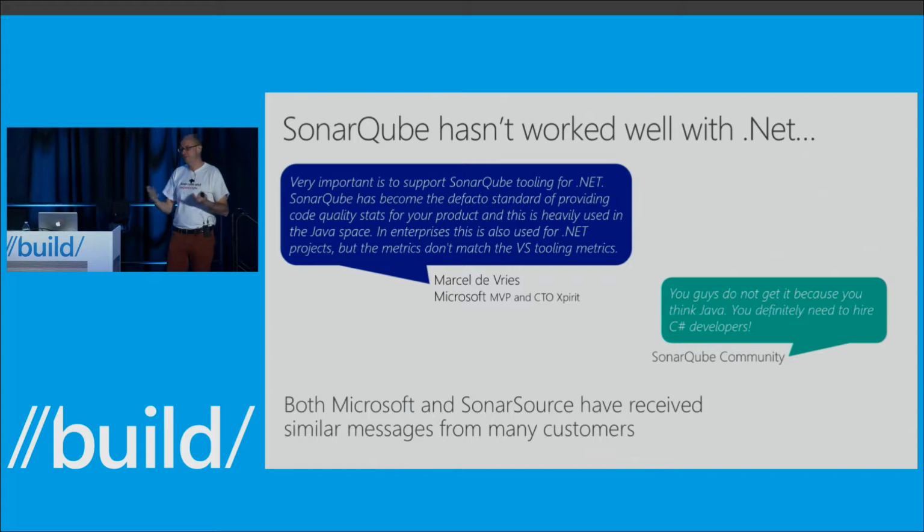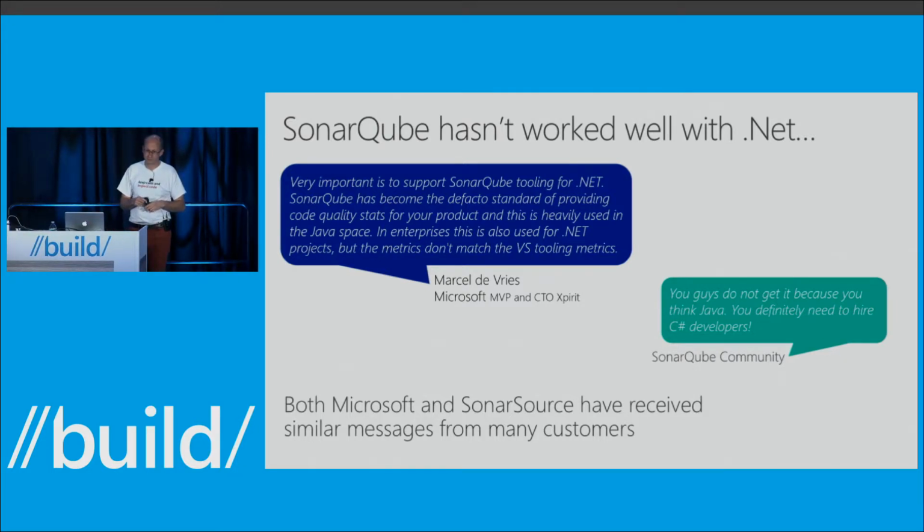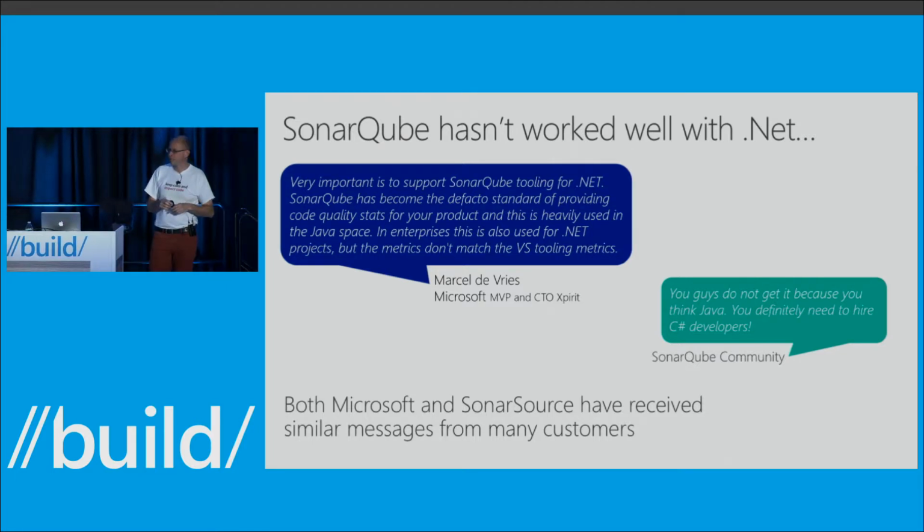You are not in the .NET environment. You don't get it. You should hire C# developers. And this is when we reached out to Microsoft, because we thought that, well, that might be where we can get good C# developers. And it was, I think, the next day where you had this.